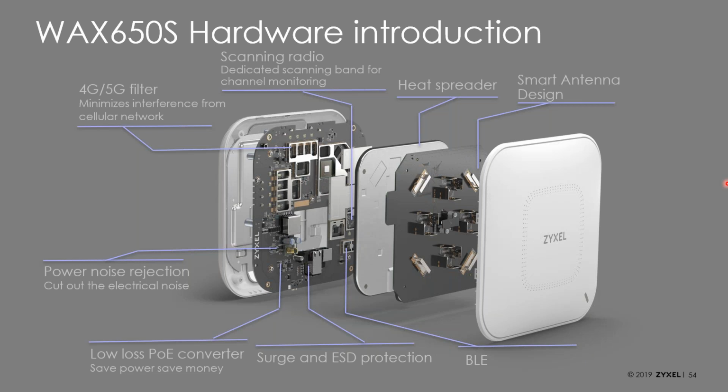It has a dedicated scanning radio, so it can scan the air for interference and better frequencies, do DCS scanning in advance, or all sorts of technologies without actually dropping down the radios, hence disturbing the client interaction with the AP. It has an isolated smart antenna design array, and of course a low power consumption converter.